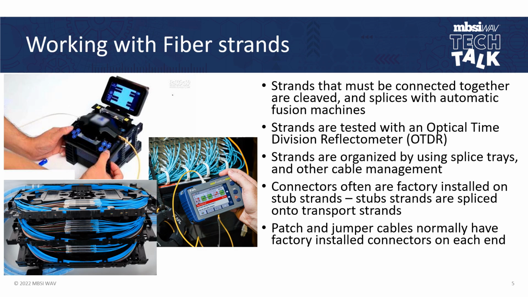They normally come with a certification of the loss of the cable itself. Sometimes they do, sometimes they don't, depending on the manufacturer of the patch cable. And we can know the quality of the connection by, again, testing it with the OTDR.